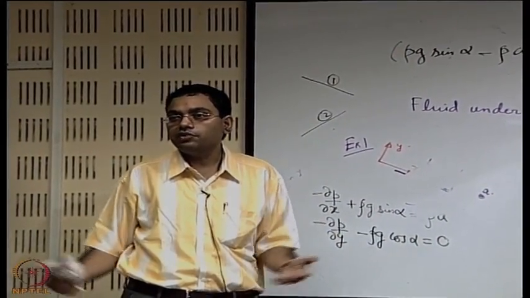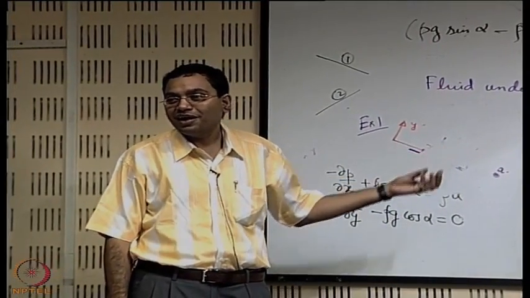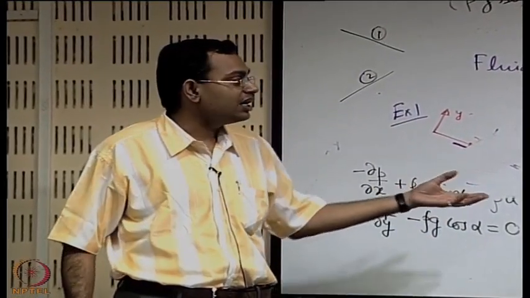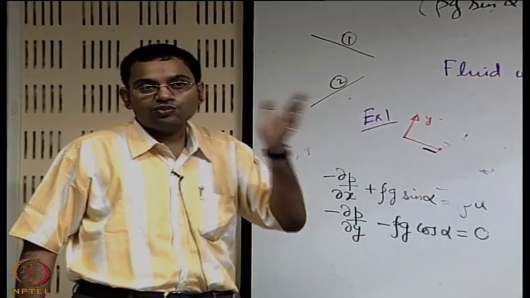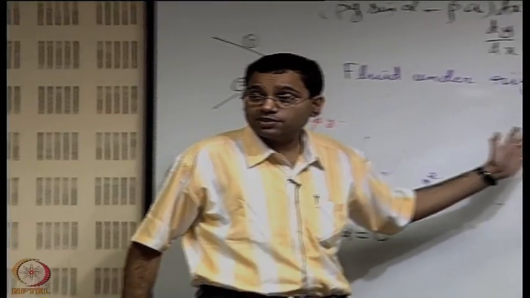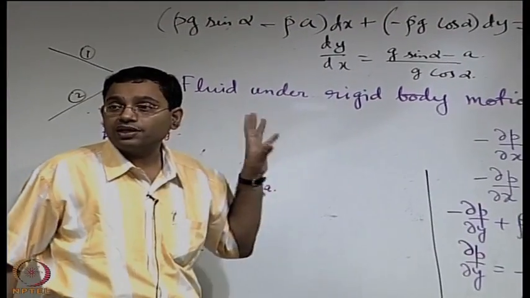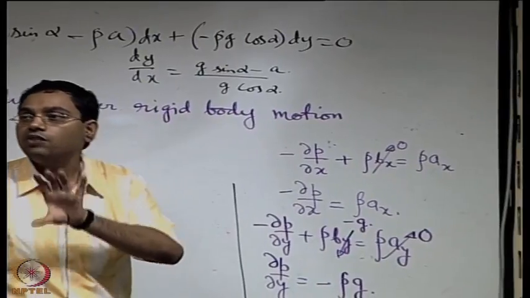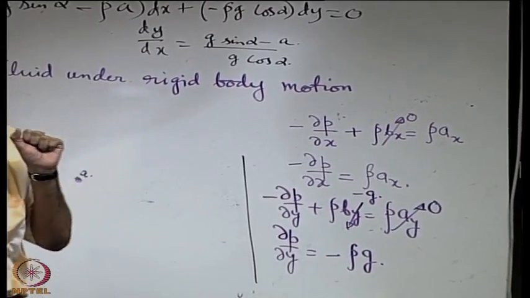It is just dealing with scalar components. So it is better to be habituated with this, because there are situations when it will not be as straightforward as this. So you have to use these fundamental equations. Whenever you are solving a problem, try to adhere to the fundamental situations.